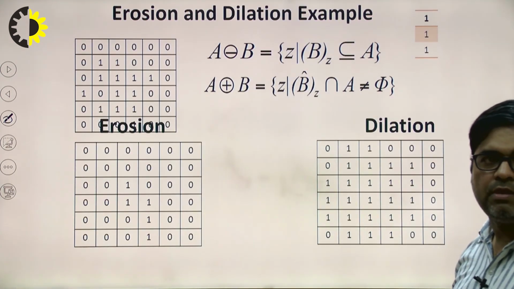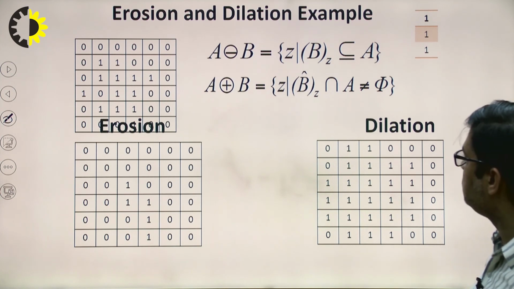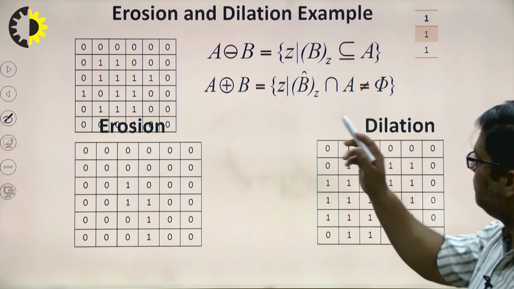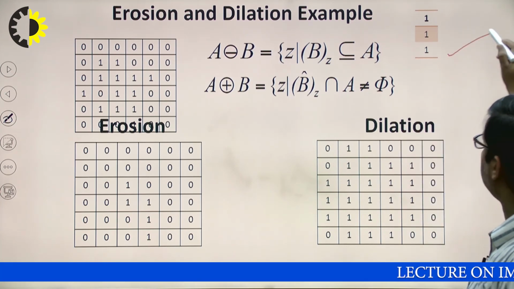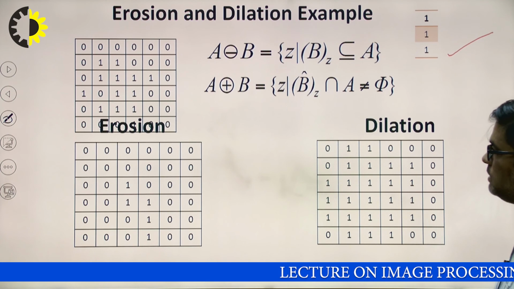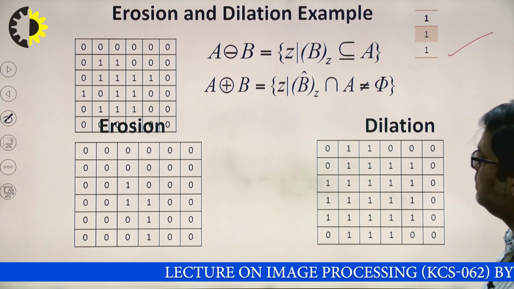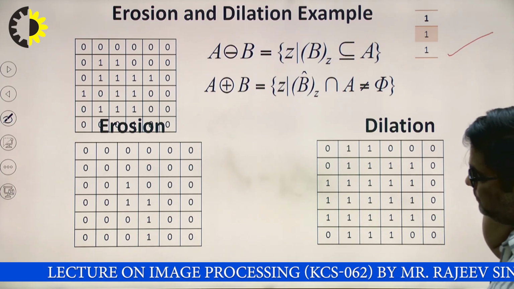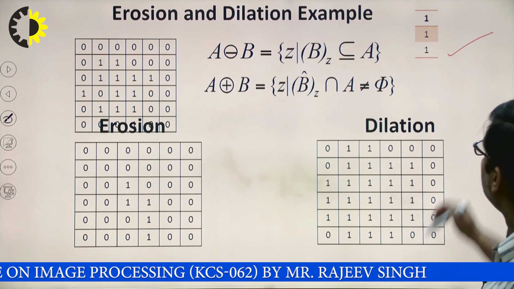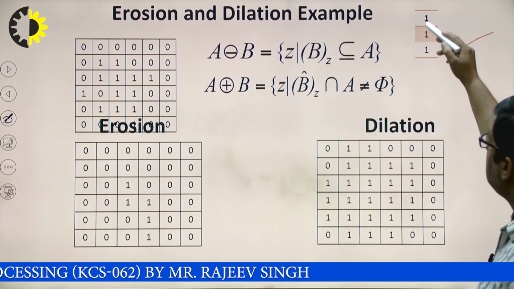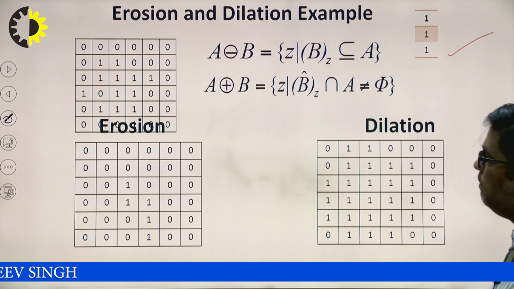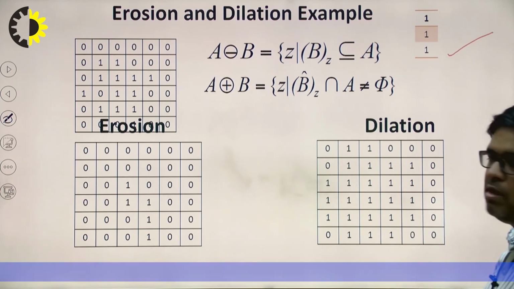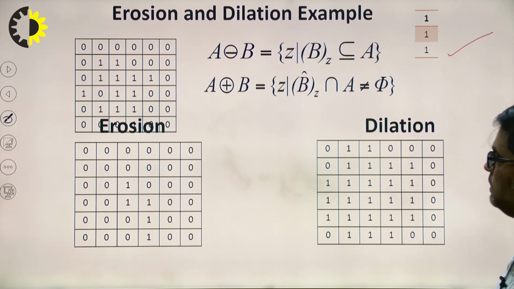Here are the erosion and dilation examples. Again we can see this image is given and this is the structuring element. For erosion I have to check whether the structuring element is completely matching or not. If it is not matching, then we have to remove all the ones; if it is matching, then only the highlighted value will be kept.